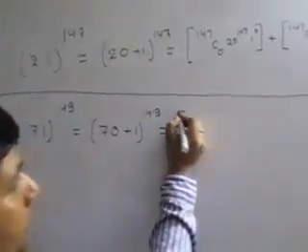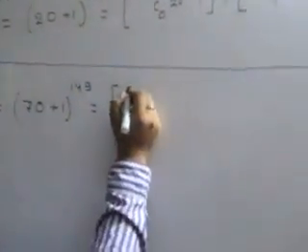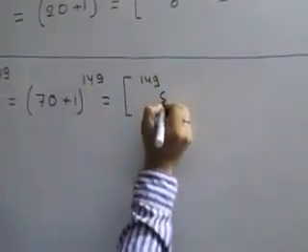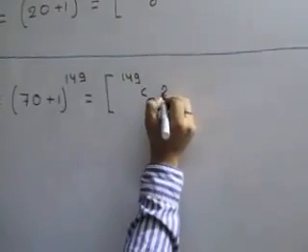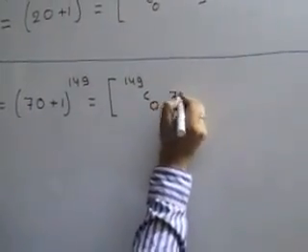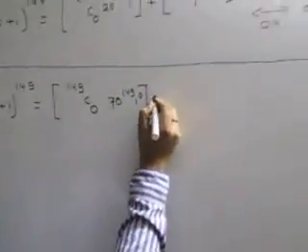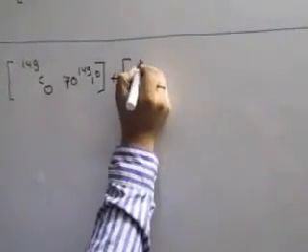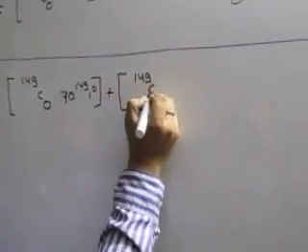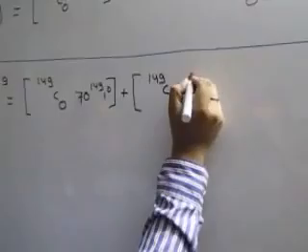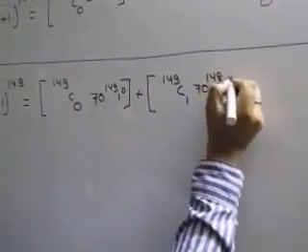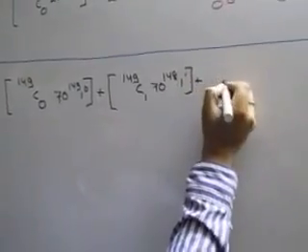If we do the binomial expansion of this term, we get 149C0, 70 to the power 149, 1 to the power 0. This is the first term. The second term is 149C1, 70 to the power 148, 1 to the power 1, and so on.